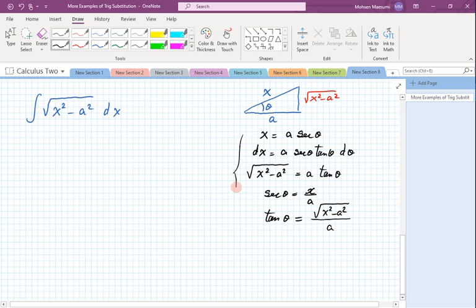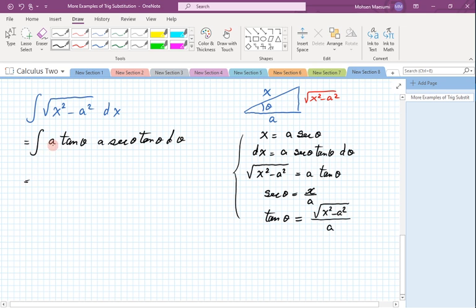So these are the elements of the substitution and back substitution. Now I come back here, I have that expression is a tangent, that's the radical. Dx is this a secant of theta tangent of theta d theta.